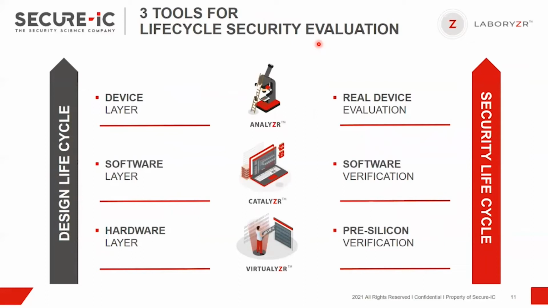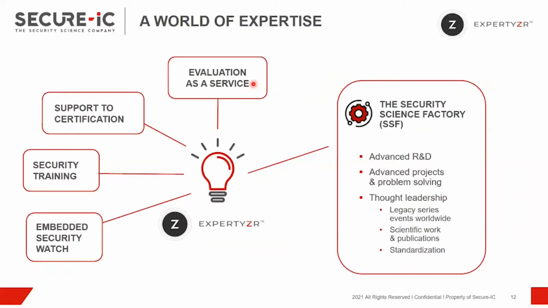The Laborizer has 3 different evaluation tools to allow our customers to check their security level during their design lifecycle: the Virtualizer for pre-silicon security evaluation, the Catalyzer for the software part, and the Analyzer for real device evaluation, so on physical devices, smartphones, automotive ECUs, IoT systems, etc. And then the Expertizer, where we have consulting, training, support to certification, evaluation as a service, and also our innovation engine called the Security Science Factory.